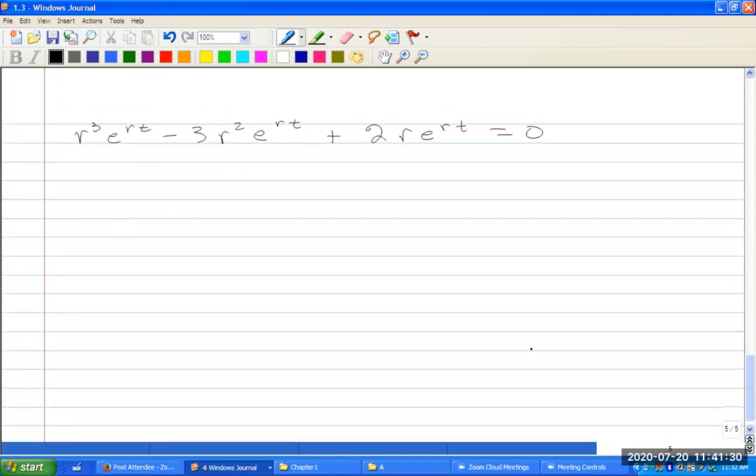Let's factor out r and e^(rt). What remains is r squared minus 3r plus 2, which factors as (r minus 2)(r minus 1).